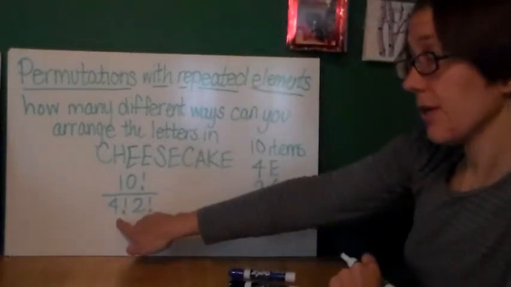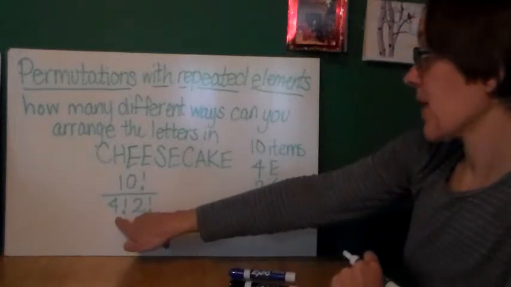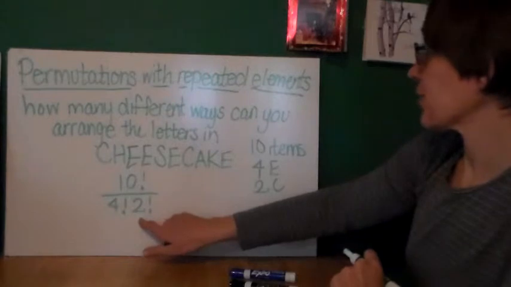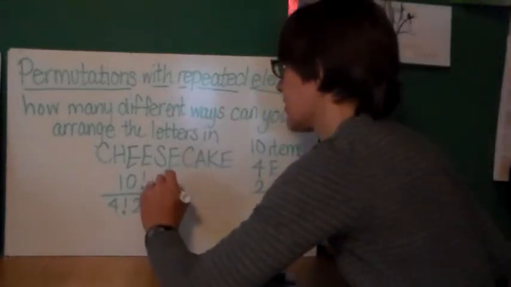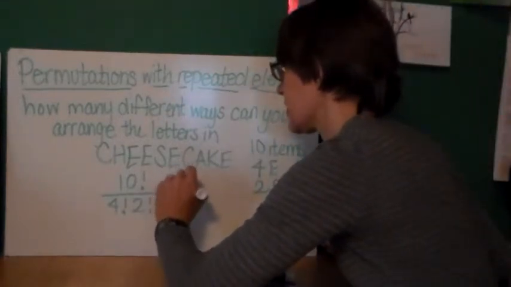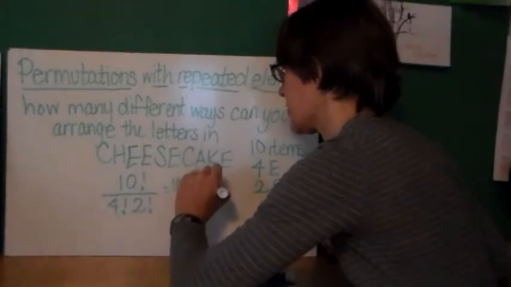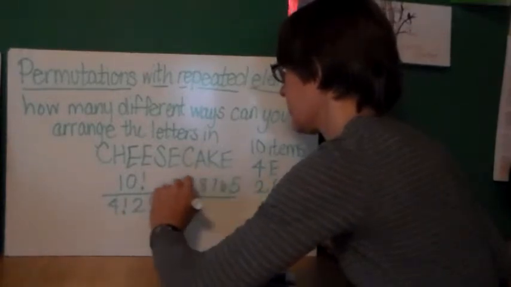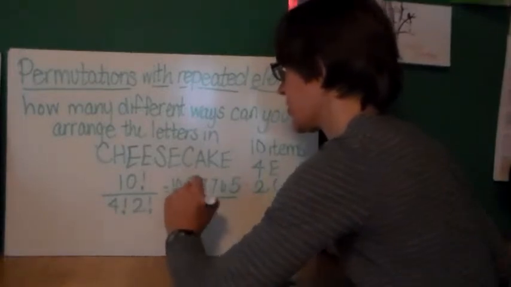The 4 factorial is for the E's, and the 2 factorial is for the C's. So this is going to be 10 times 9 times 8 times 7 times 6 times 5, all divided by 2 factorial, which is just 2.